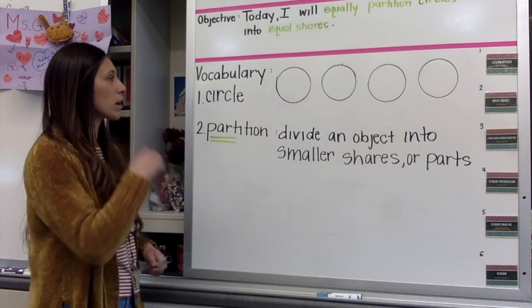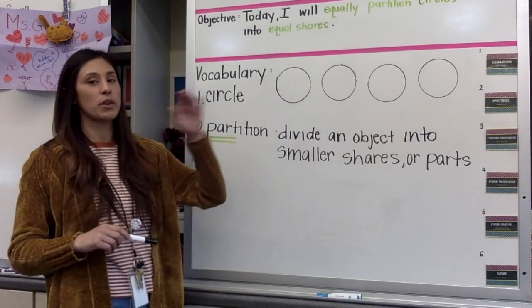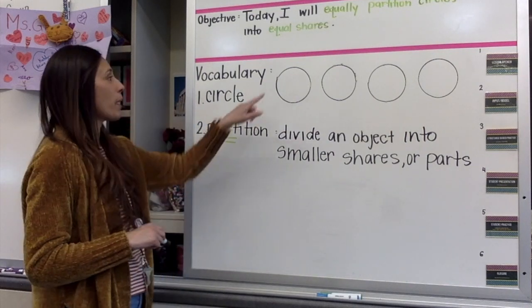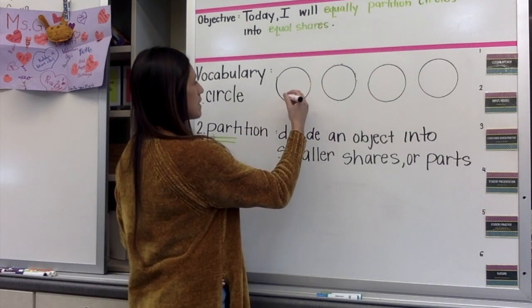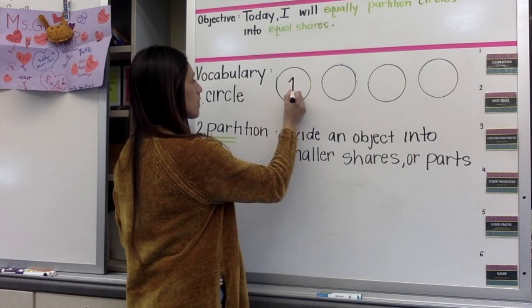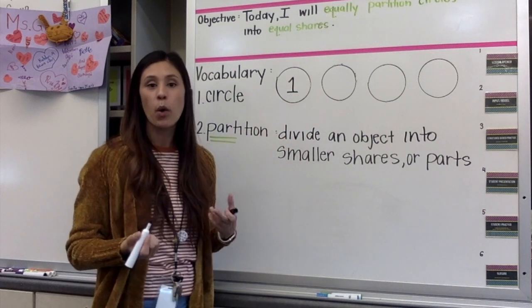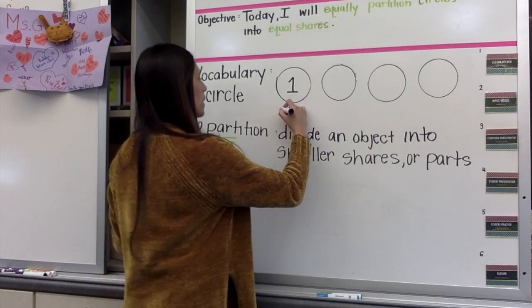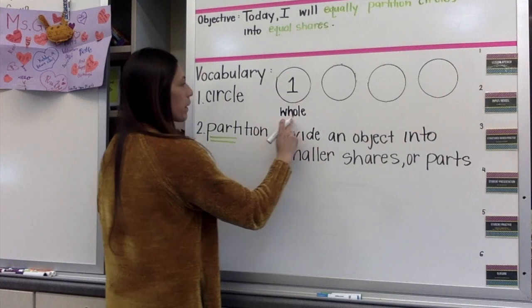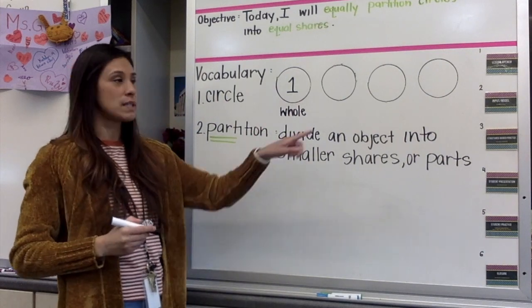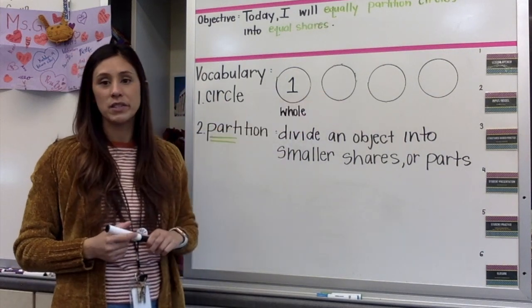So I'm going to work on partitioning these 4 circles up at the top. I'm actually not going to partition the first one though, because this just represents one whole circle. So we would call this a whole. Now I'm going to partition the next circle into halves.